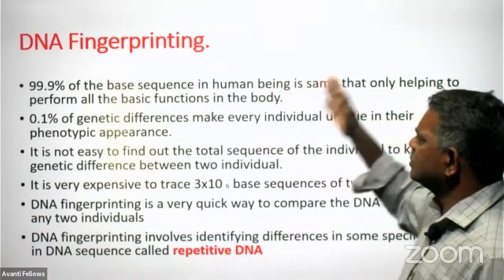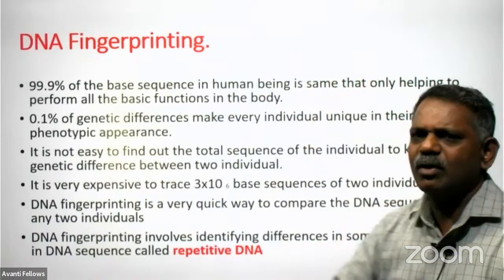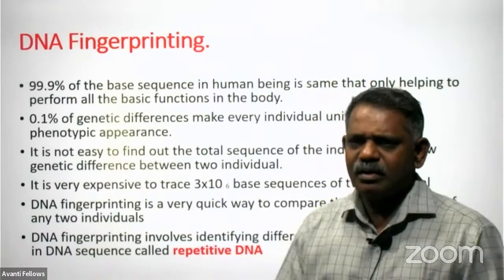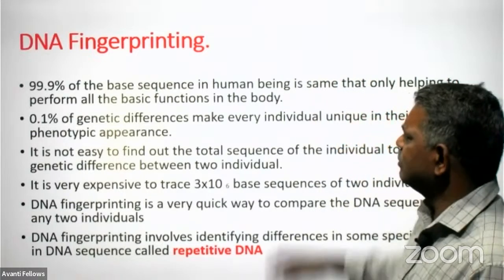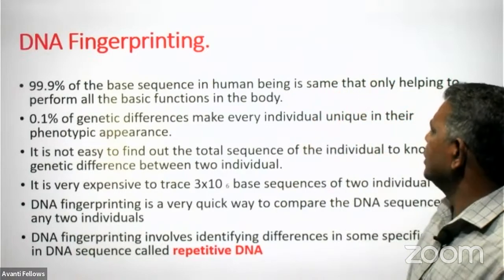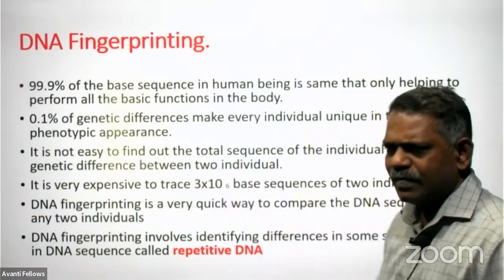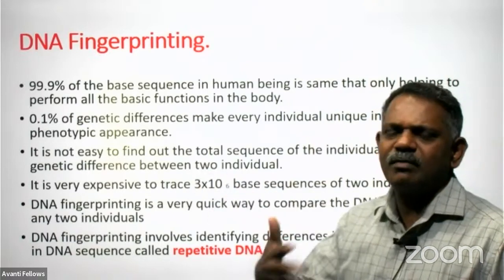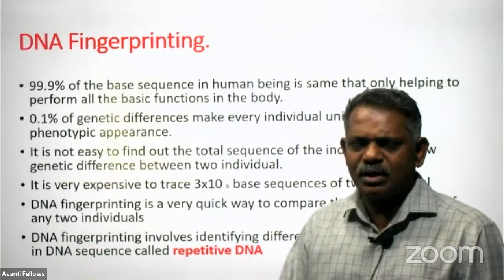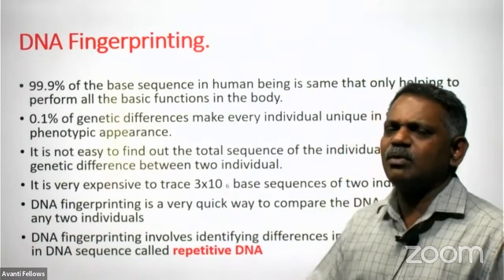99.9% of the base sequence in human beings is the same. That is why we all look alike. This 99.9% of the sequence is helping to perform all the basic functions in the body. Of course, we can find a lot of differences in our body externally, in the form of color or shape or height.